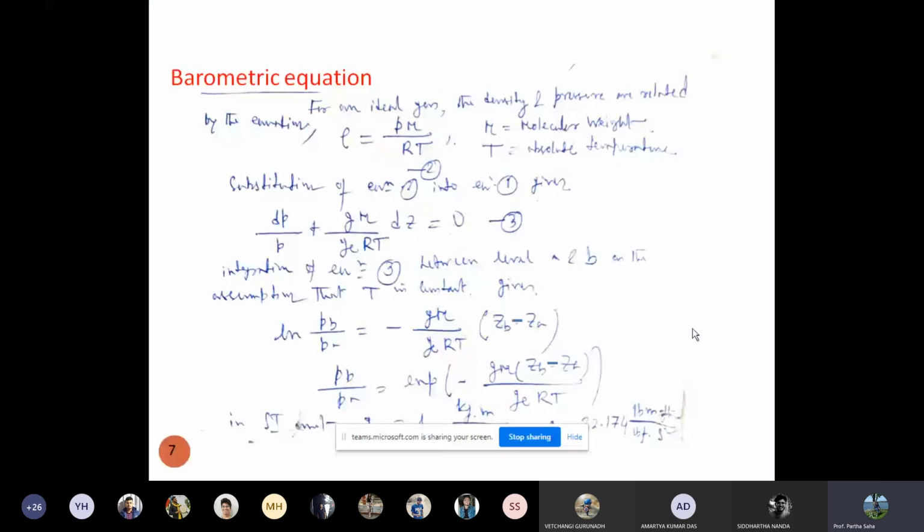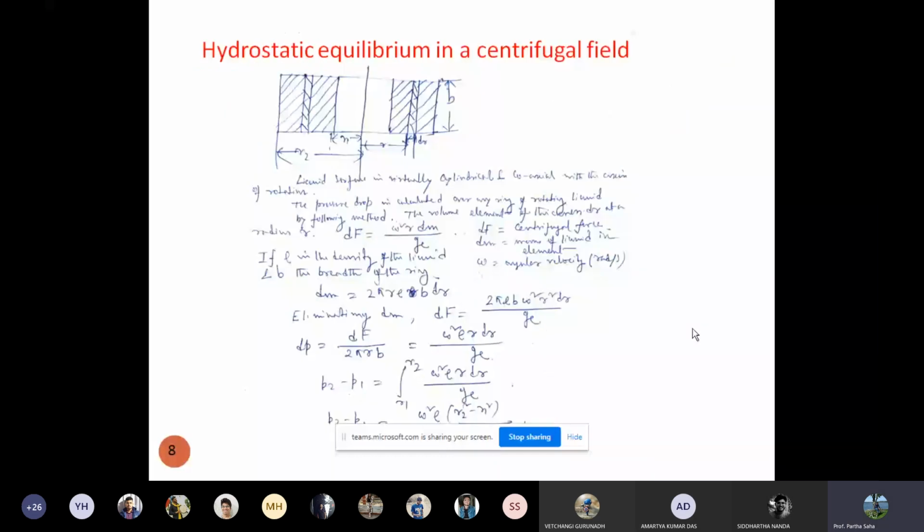Let's move forward. We are going to derive the expression for hydrostatic equilibrium in a centrifugal field. If you have a liquid in a centrifugal bowl, the liquid is rotating about a particular axis. If you take the cross section of the liquid, the surface is virtually cylindrical and coaxial with the axis.